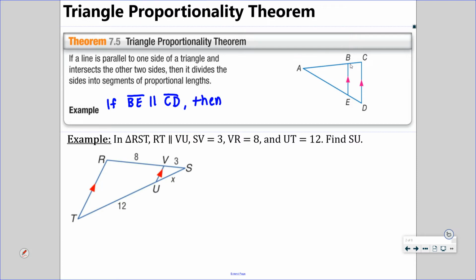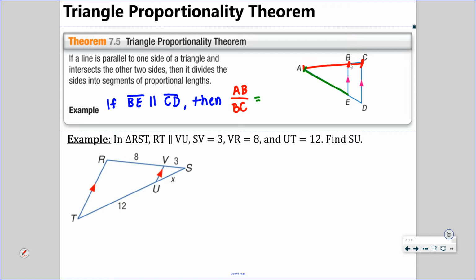Then the ratio of this length, we'll say AB, this chunk of the segment that BE splits it into, the ratio of that chunk to this chunk is going to be proportional to that same ratio on the other side of the triangle that it intersects.